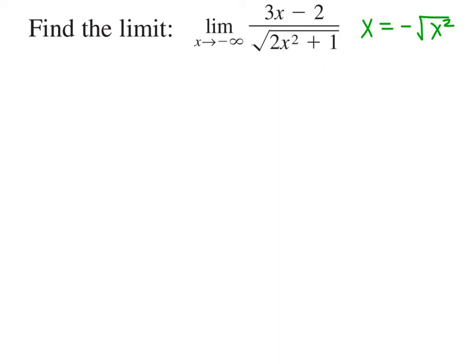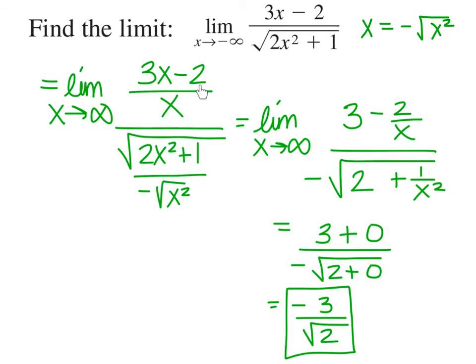Let's look at that. So dividing by x in the numerator and a negative square root of x squared, I end up with 3 minus 2 over x. When x approaches infinity, that's 3 plus 0. And then I'm going to keep this negative radical here, and I've got 2 plus 1 over x squared, and that becomes 2 plus 0 with a negative on the outside there.